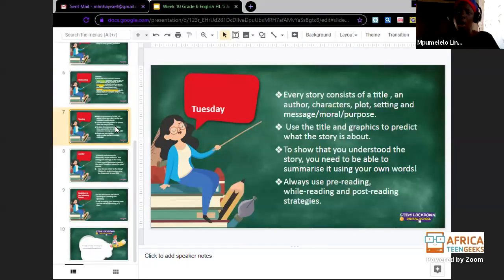And so on Tuesday, we were basically doing reading strategies, and that's when I was glitching a lot. So for those of you who did not manage to hear what I was saying, please pay careful attention. So the lesson was basically on reading a story.